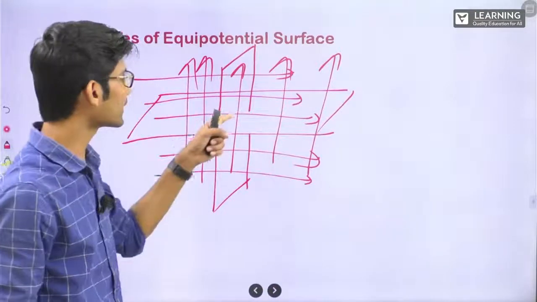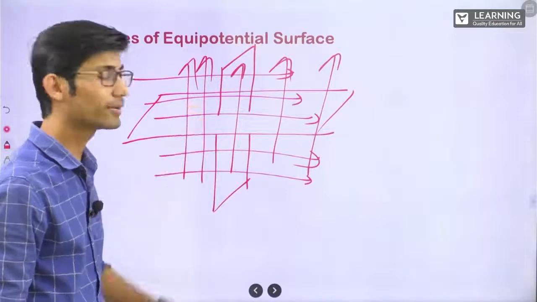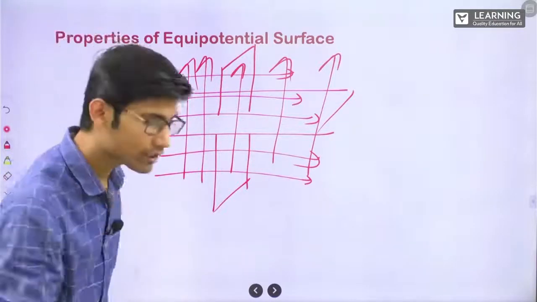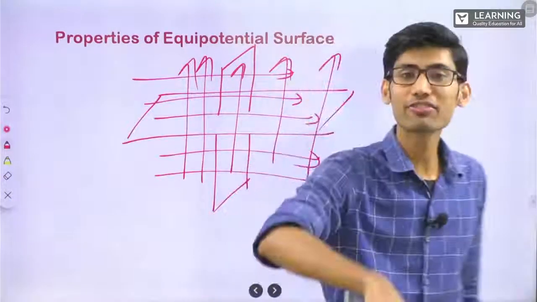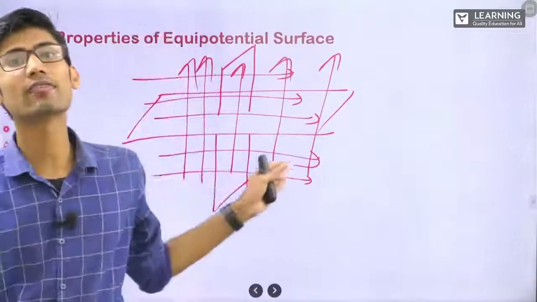Now see, the electric field lines are crossing each other, and electric field lines can never cross each other. If you remember the very first lecture of electric field lines, in the first chapter, electric field lines can never intersect each other.